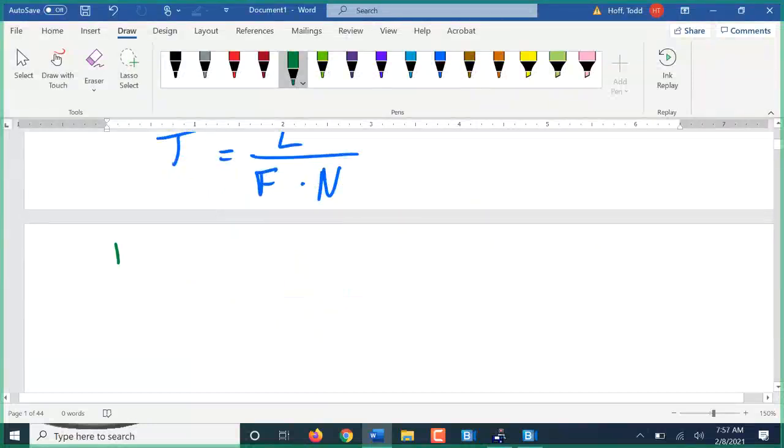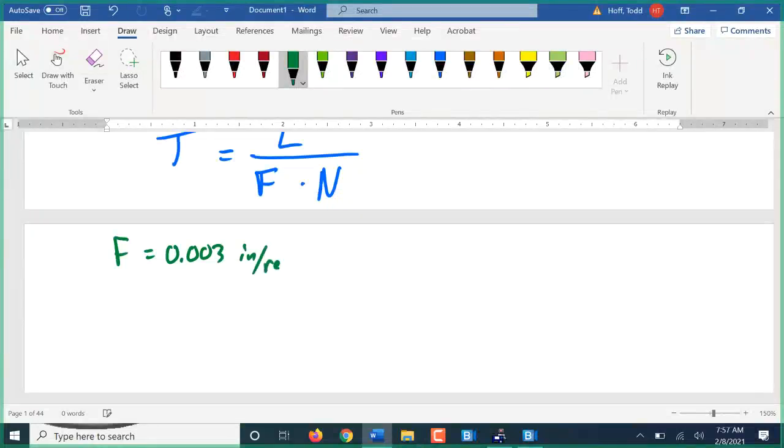So if you have a tool that has a feed rate of 0.003 of an inch per revolution, you are running at 400 RPM, which I realize is on the low side, and you have a cut that is 4 inches. This is more for the mill.